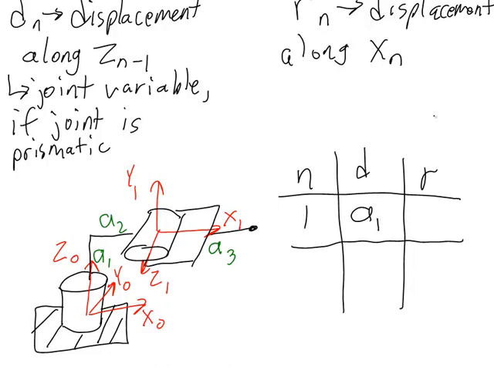The r parameter is defined as the displacement along Xn. Xn here is X1. The displacement between frame 0 and frame 1 along the axis X1 is equal to a2. So the r parameter here is a2.